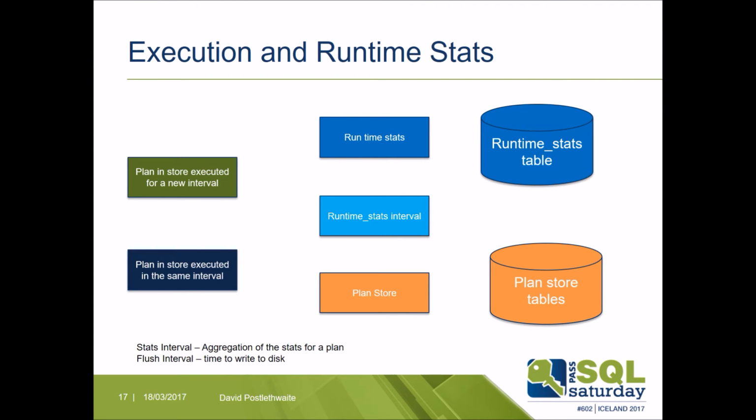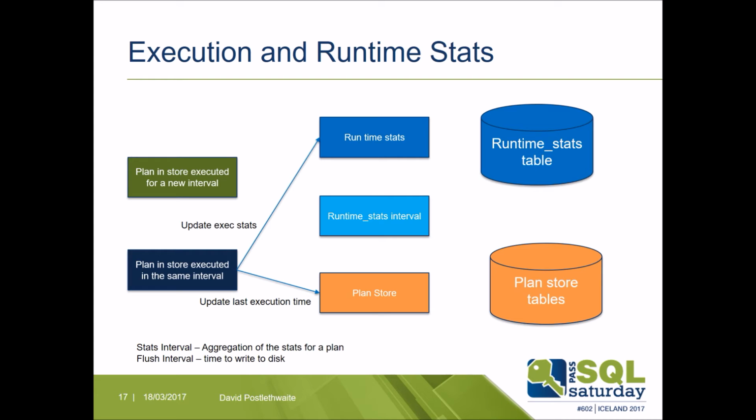For the execution process, when the plan that is in the store is executed for a new time interval, Query Store creates a new interval, generates the runtime statistics, and then records this information in the runtime stats table. And the last execution time is written to the plan store. If the query is run again in the same interval, it updates the statistics for that query.